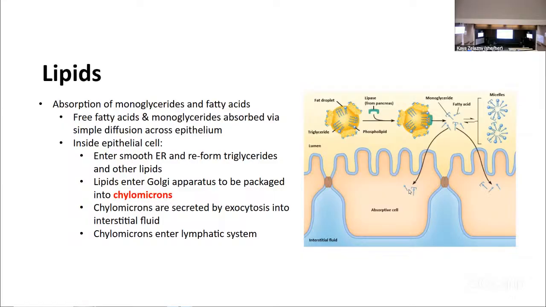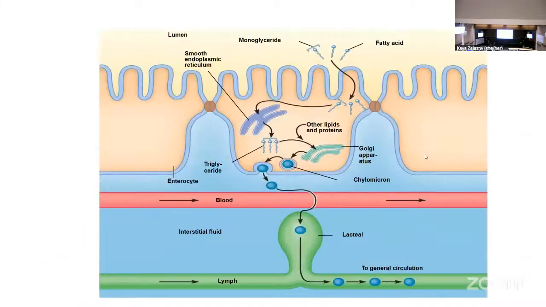And that is another form of lipid that we're going to be sending back to the body, but we're actually not sending it directly to the blood. All right, so we're going to be sending our chylomicrons first into the interstitial fluid, but then they're going to go in the lymphatic system instead of into a vein.